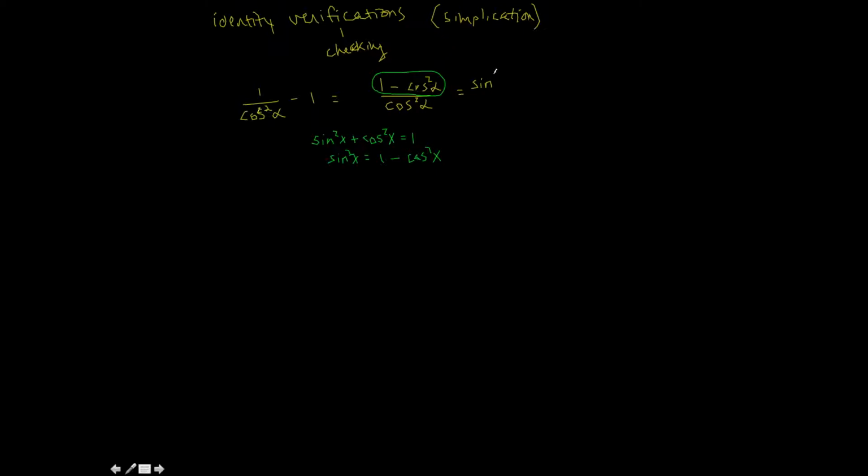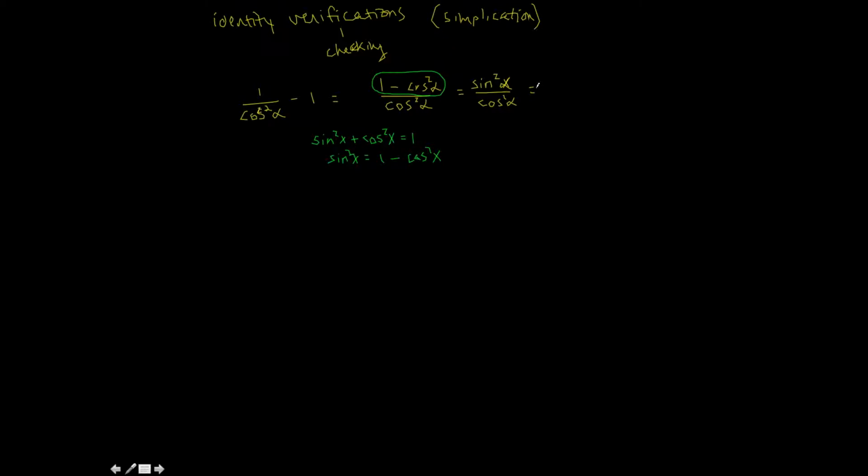So sine squared x over cosine squared. Well, it should be alpha, not x. It should be alpha. Okay? Sine squared alpha over cosine squared alpha. Now, at this point, in your mind, what you should have is, what is sine over cosine?